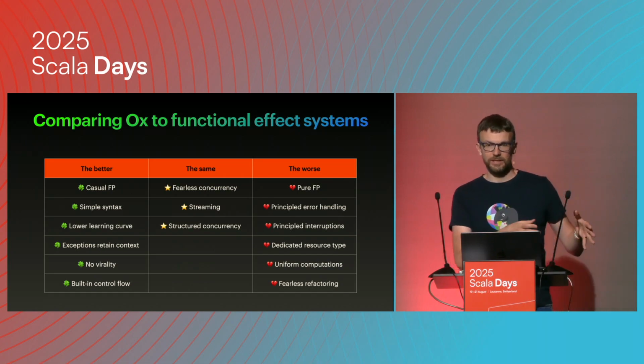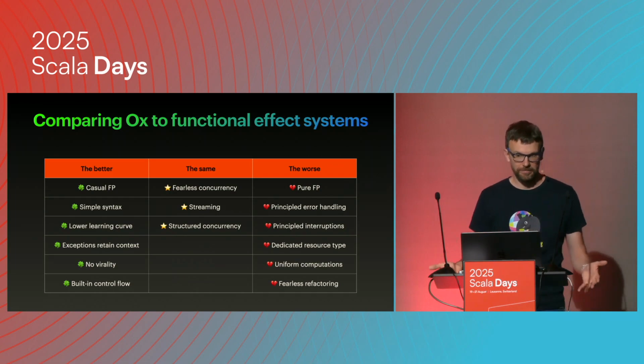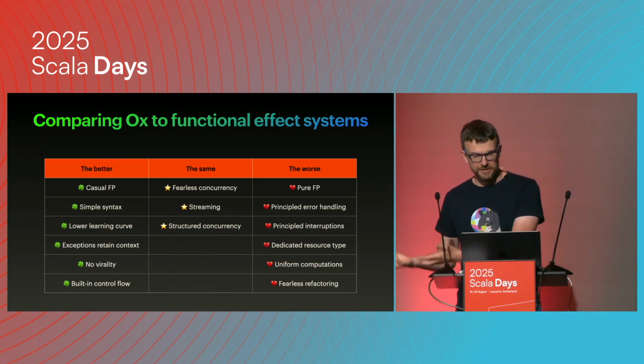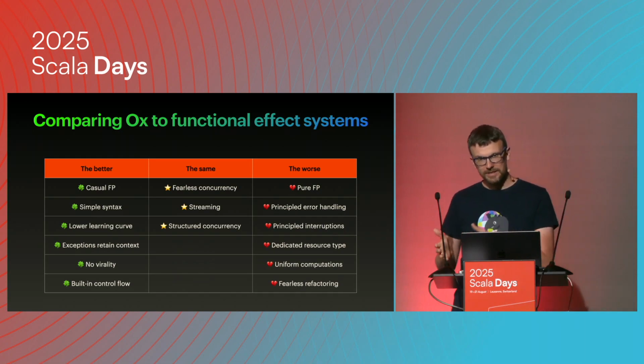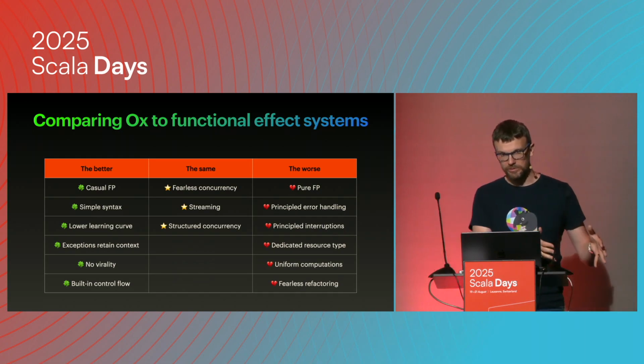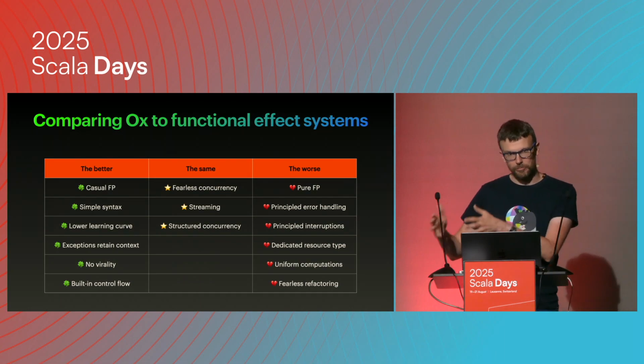Some things are worse, so there are trade-offs. Right? So we no longer use pure FP, so we don't have this fearless refactoring, we don't have referential transparency. Error handling is not as principled, right? We propose using eithers and exceptions, but Zio has, I guess, done it in a more principled way.